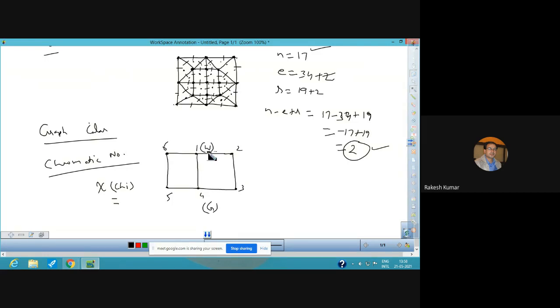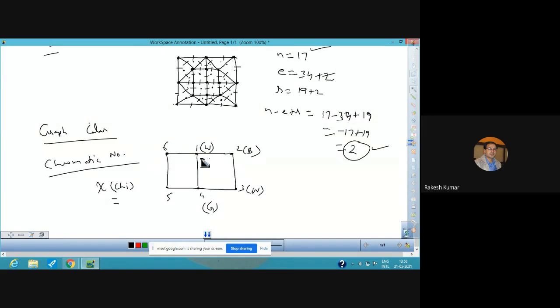Suppose vertex number 1 is given white color. Now 1 is given white, so vertex 2 is adjacent to it. Adjacent means there is an edge, so we cannot give it white. Suppose I color it black. If it is black, the next one cannot be black, so suppose it is given white again. Is it okay? Yes, because these are not adjacent. Just see, these are not adjacent.